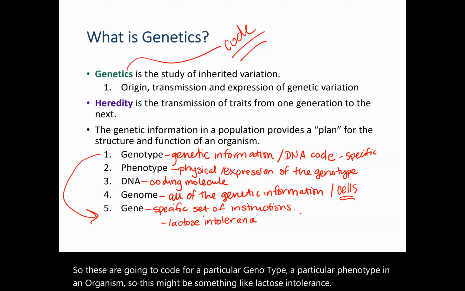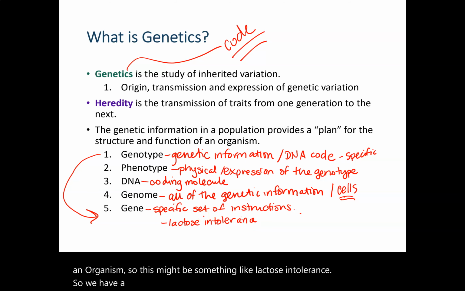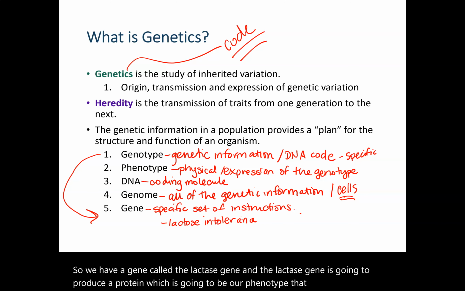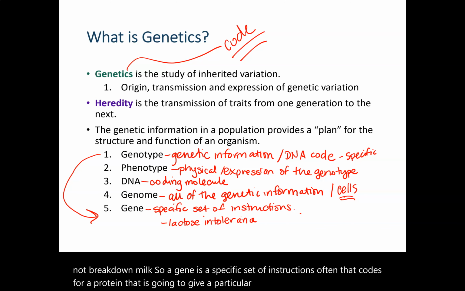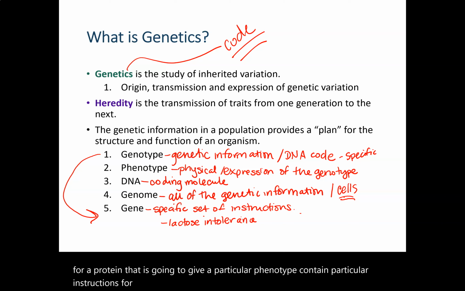So we have a gene called the lactase gene, and the lactase gene is going to produce a protein, which is going to be our phenotype, that either does or does not break down milk. So a gene is a specific set of instructions, often that codes for a protein that is going to give a particular phenotype, contain particular instructions for a particular function or a particular characteristic within an organism.